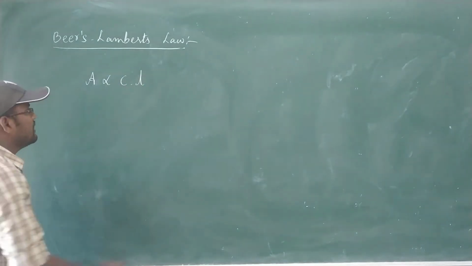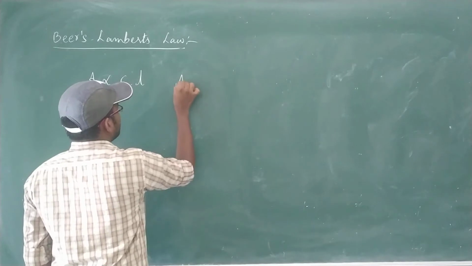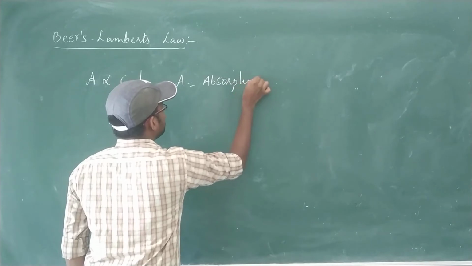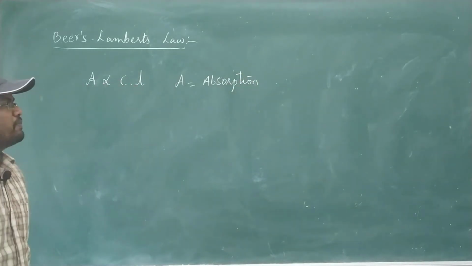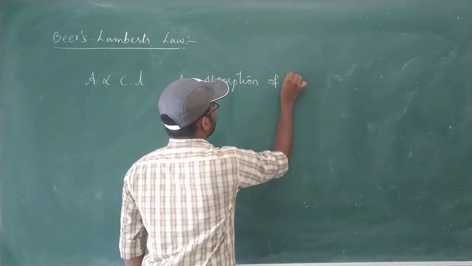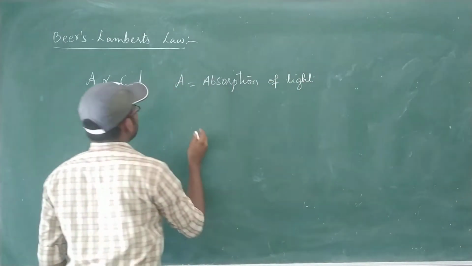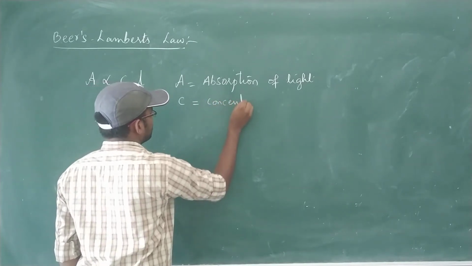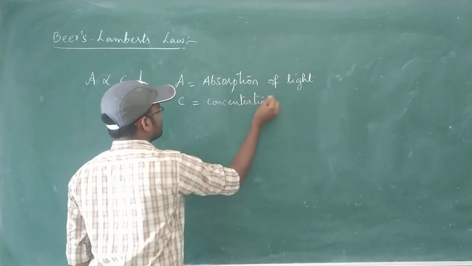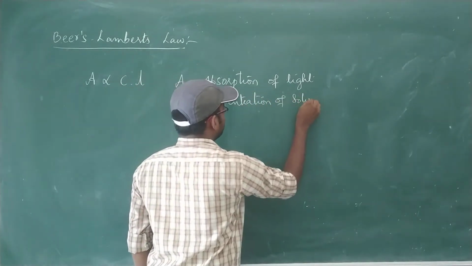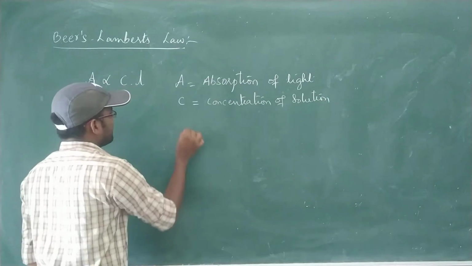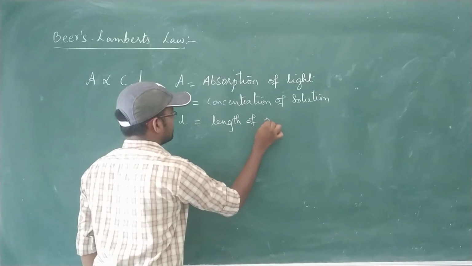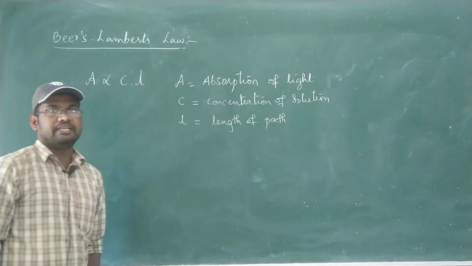where A is equal to absorbance of light, C is equal to concentration of solution, and L is equal to the path length of the tube, nothing but the thickness of the tube.